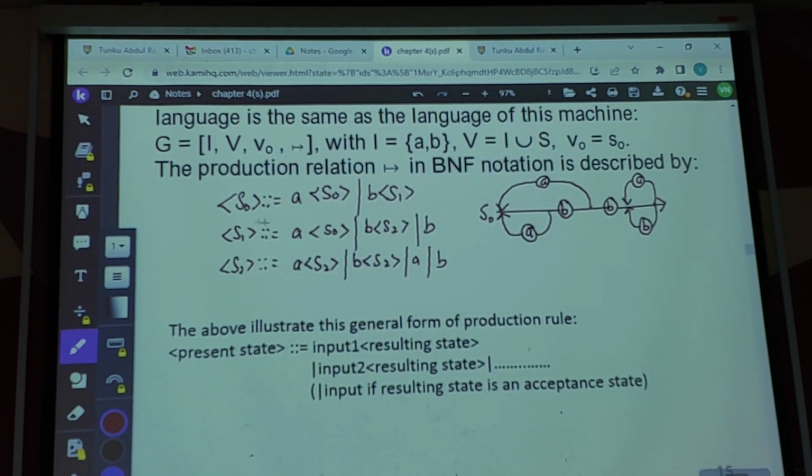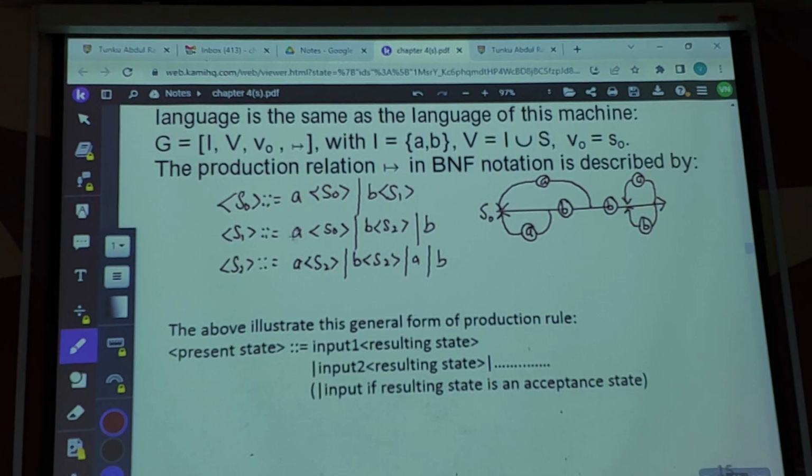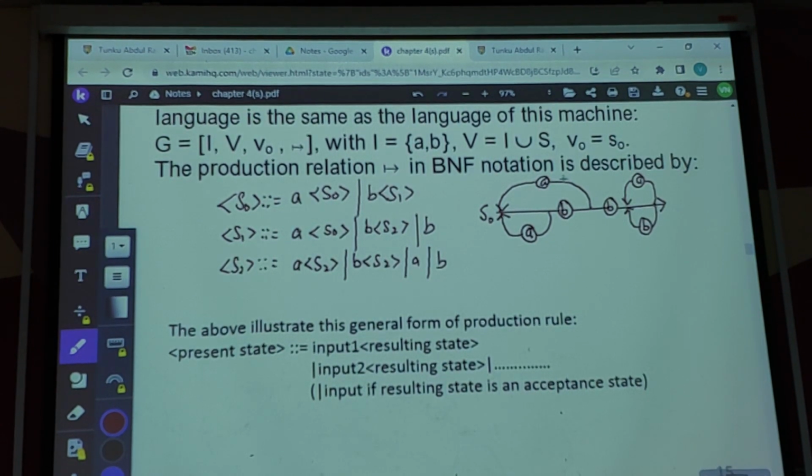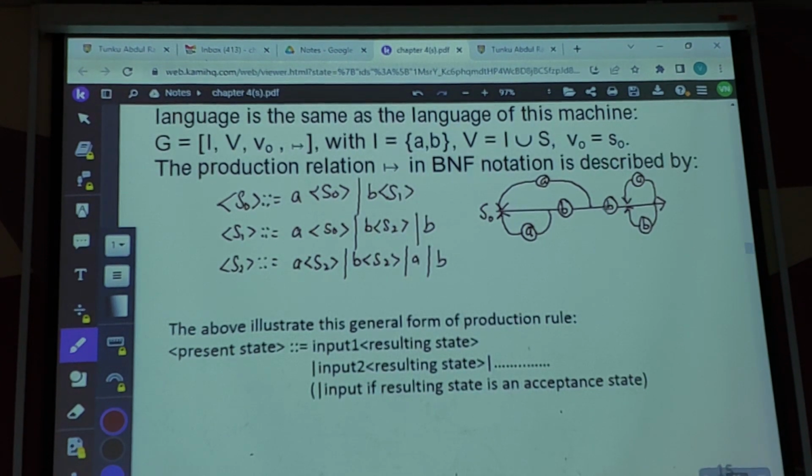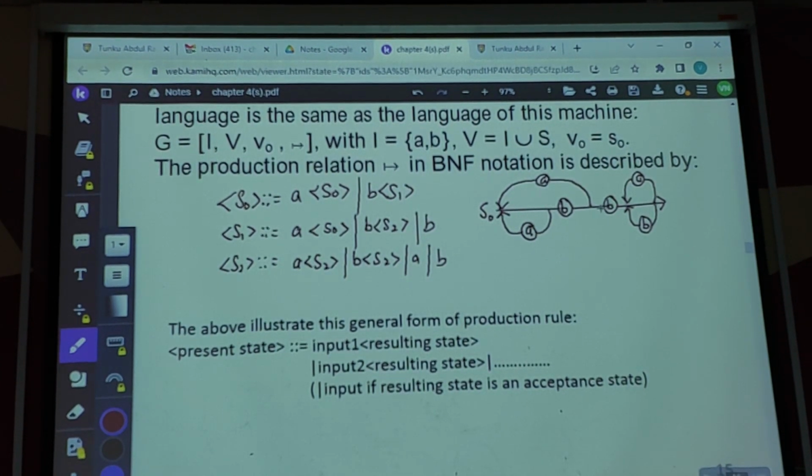And then at the S1 here, which is this position, you can have three alternatives. The first one is you can go back, A, S0. Or you can go to B, S2, and this will bring you to the right. That's why the B here is on the line. Then you will go to S2 here, B, S2.